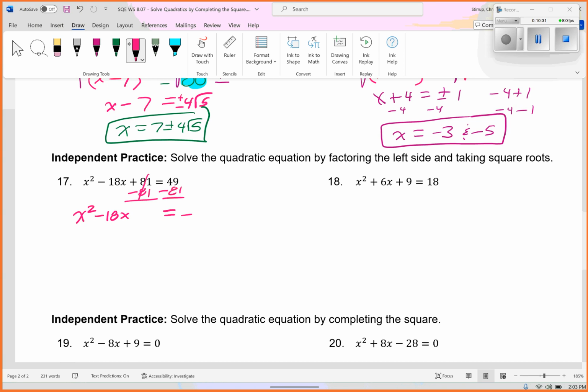Grab myself a calculator because I can't do math right now. Maybe having a little mental breakdown or something. All right, so 49 minus 81. So I get negative 32. All right. What's my next step based on what I had done up above?